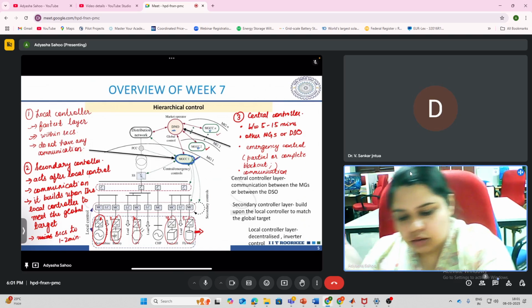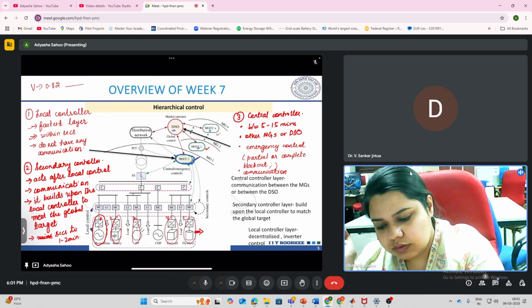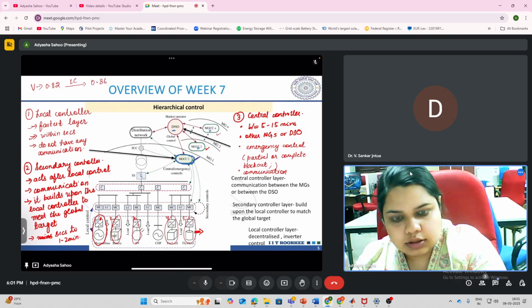Like I said, let's say the voltage is at 0.82. The first control layer is the local control layer, which will try to improve the voltage. Let's say it is able to bring the voltage to 0.86.